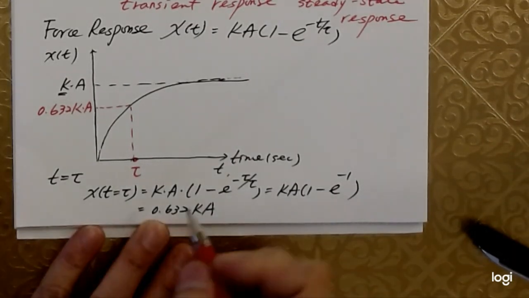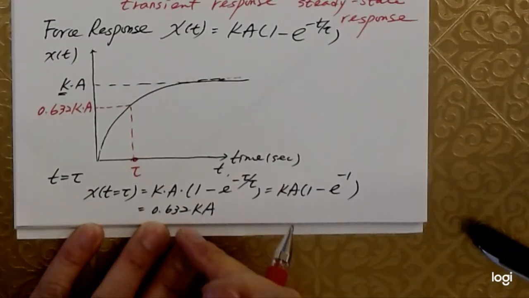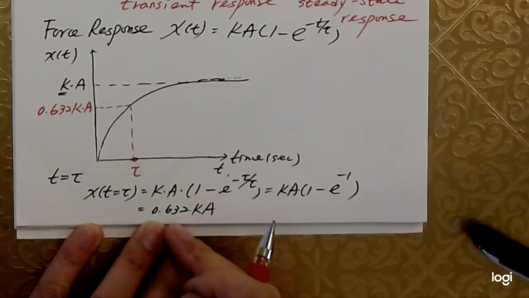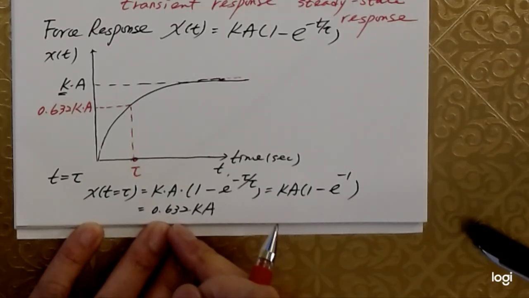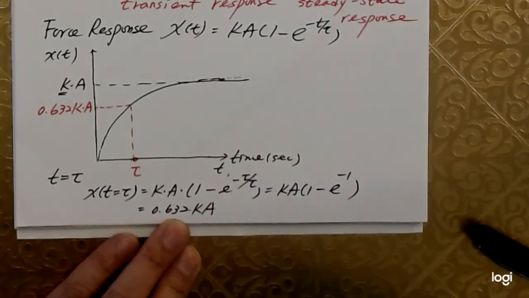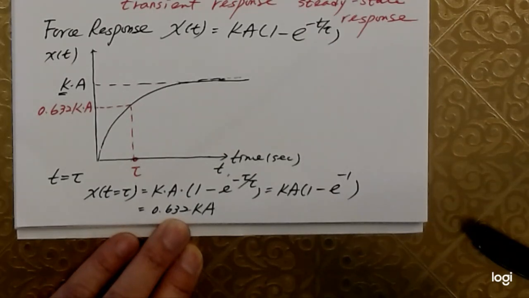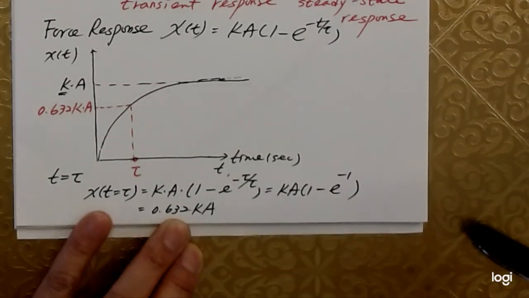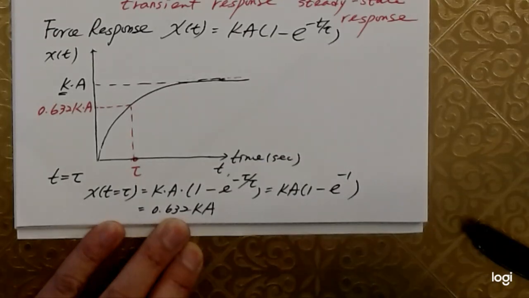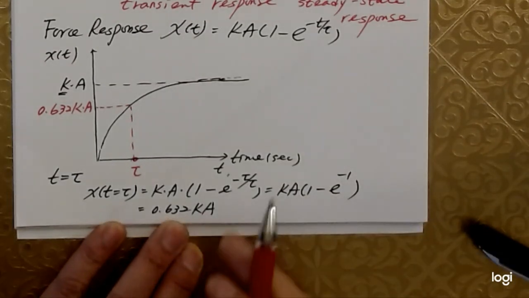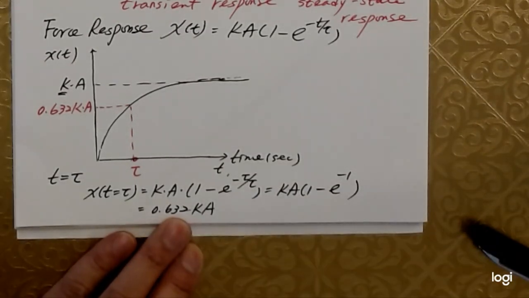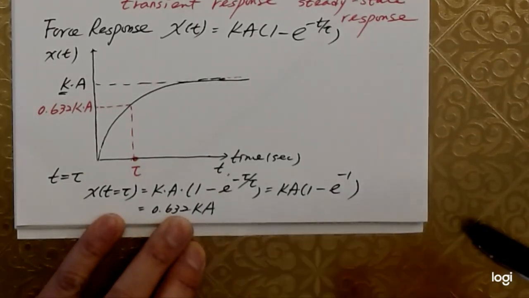So why is it important? Because this tells us how fast the system responds to the input. If you have a smaller tau, it takes a shorter time to reach steady state. So in terms of sensor design, you actually want a smaller time constant, so the sensor is faster, or from the other point of view, it takes less time to reach steady state.